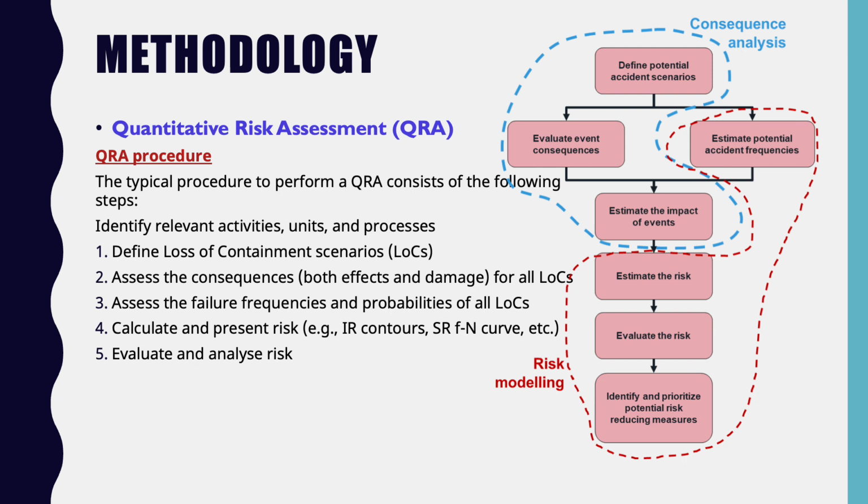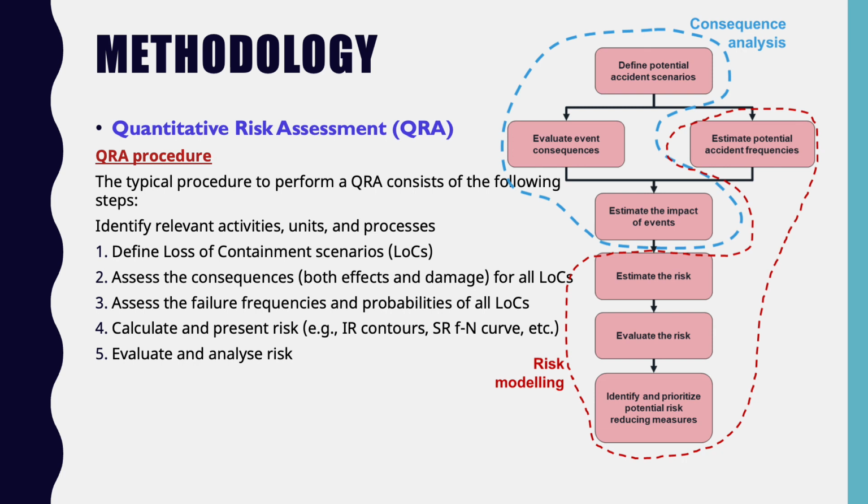This is a flow chart for the QRA procedure. Define potential accident scenarios, evaluate event consequences and estimate potential accident frequencies. Then we can estimate the impact of the event. This is called the consequence analysis.